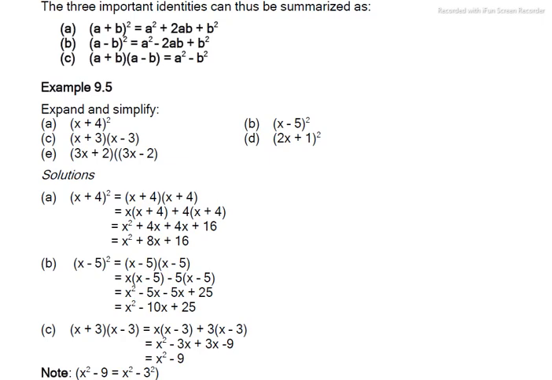So still we shall use the same technique of maintaining one bracket and splitting the other, hence giving us x into (x - 3) plus 3 into (x - 3). When we simplify this, we shall come up with x squared minus 9. If you realize, 9 is a square number of 3, implying that it is the same as x squared minus 3 squared. So that is a difference of 2 squares.